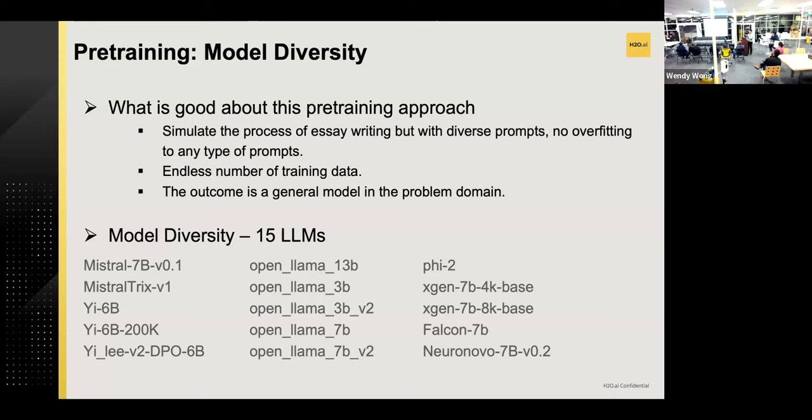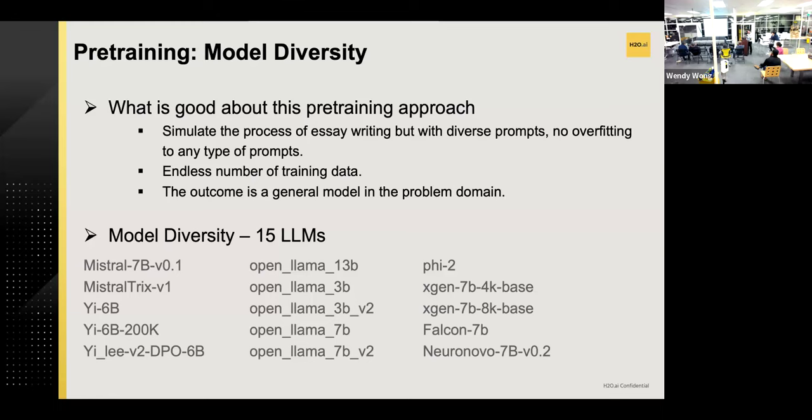This is similar to giving a title or some instruction for a student to write an essay, and the student just completes the essay. So the process is similar. That's why I think it's a very smart approach. And since we are randomly picking from a very large public data set, there's no risk of overfitting to any types of prompts. And we have an endless amount of training data in this way.